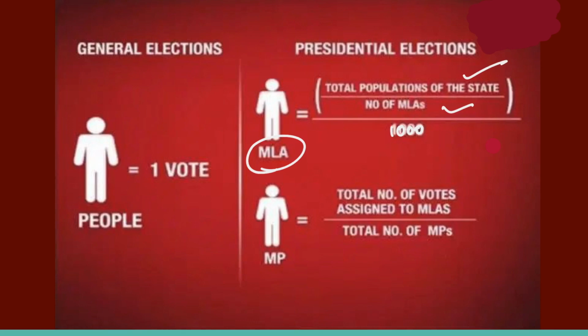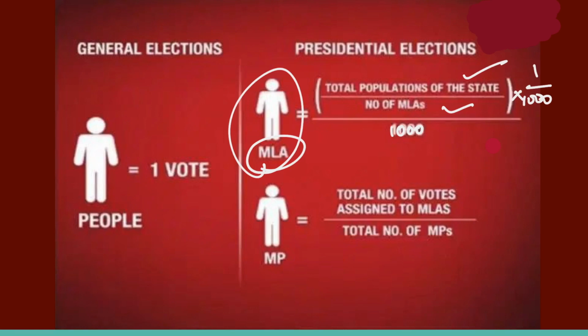And this can be expressed as: value of the vote of an MLA equals total population of the state divided by the total number of elected members in the state legislative assembly, that is the total number of elected MLAs, multiplied by 1/1000.